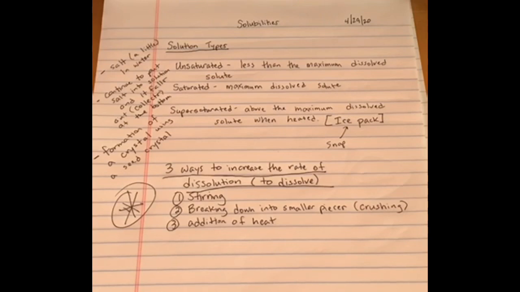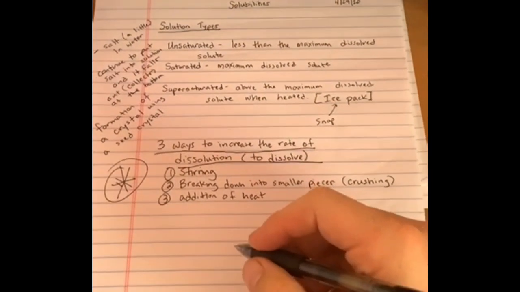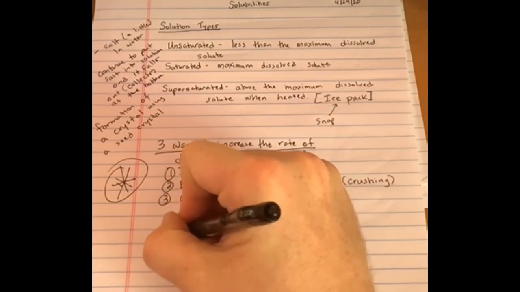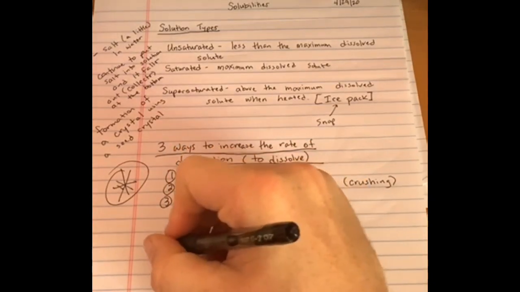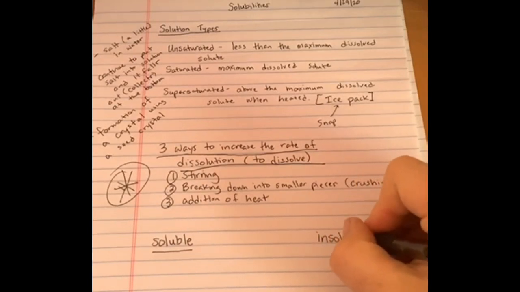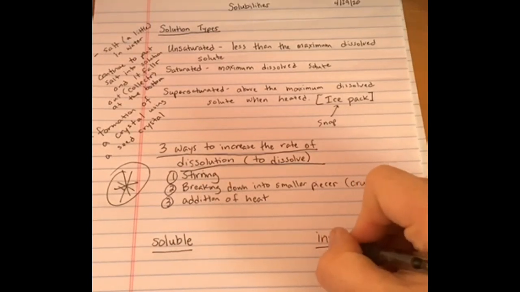All right, so we're going to talk about a couple definitions here. We're going to talk about solubility. We're going to talk about being soluble, and we're going to talk about being insoluble. Okay?